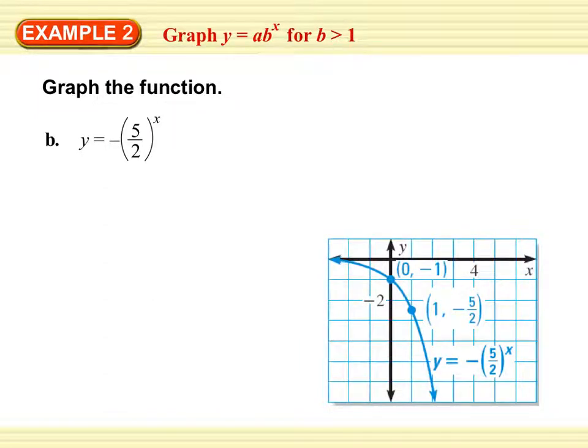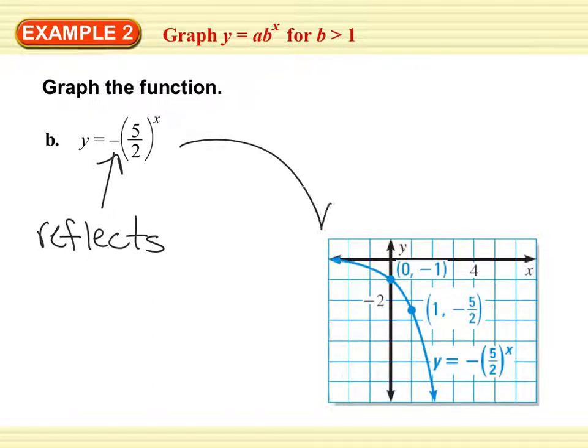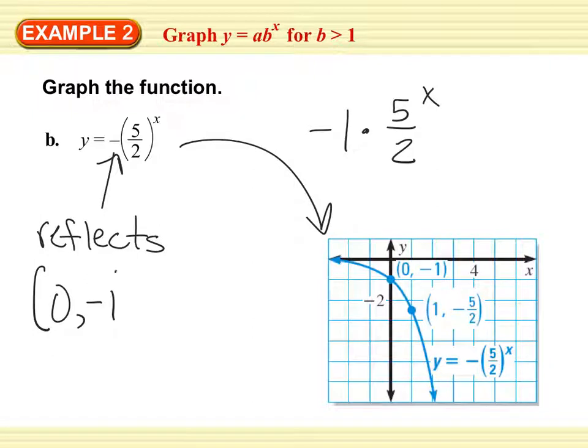Okay, let's try another one. Now, if you remember, this right here reflects over the x-axis, right? That just turns it upside down, okay? So I'm going to plot here. Our a value is actually going to be -1 times 5/2 to the x. That's why I'm going to graph (0, -1), because that is (0, a).